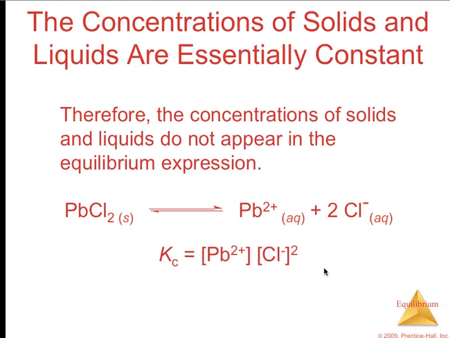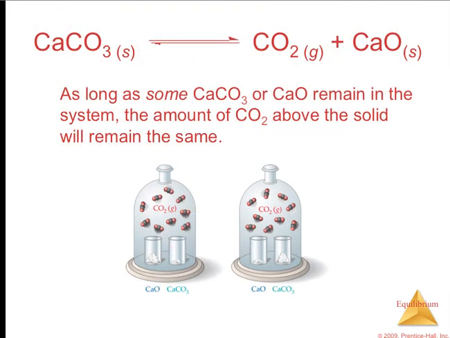The equilibrium constant would only be for the two components that are in solution. And remember that the coefficient becomes the power for that. Now, that doesn't mean that I don't need some of those components for the reaction to actually occur. It just means that the position of the equilibrium is not dependent on it.